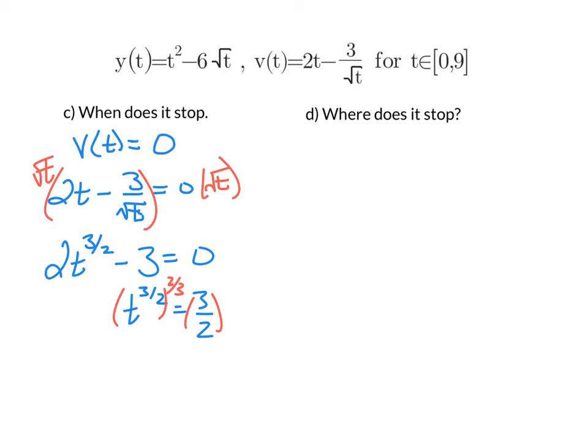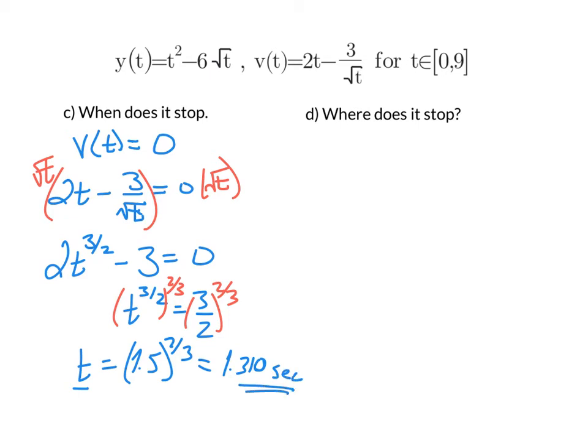That'll give me t to the first power. When we take that to the calculator, we'll have that t is equal to 3/2 to the 2/3 power, which as a decimal is equal to 1.310. And of course that is a t, so that's time, 1.310 seconds.